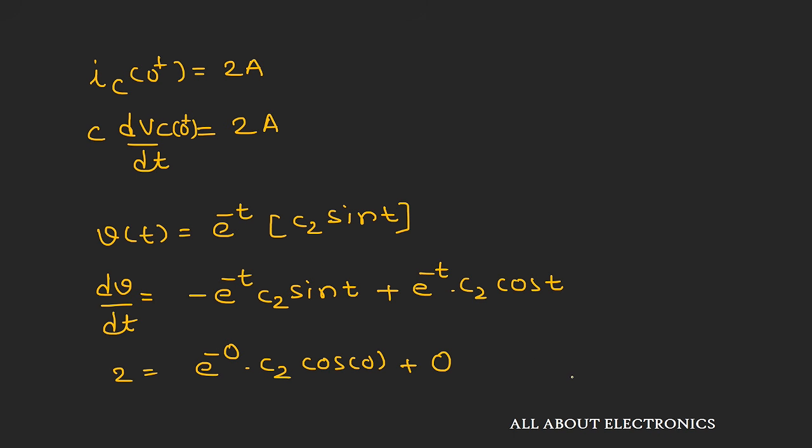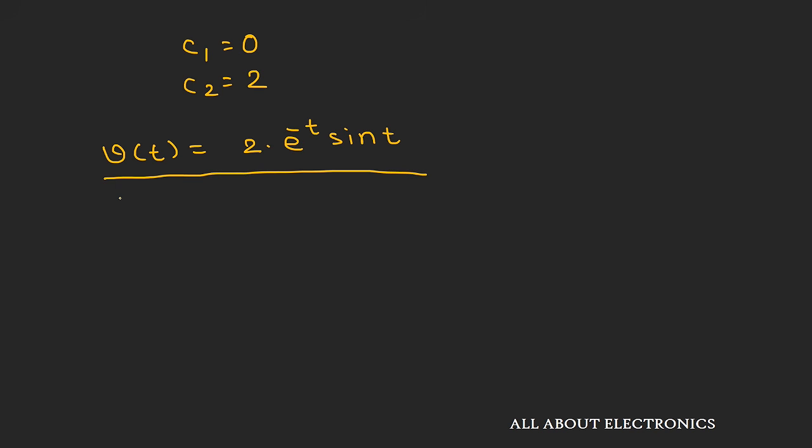That means the value of C2 is 2. So in this way, we found the value of C1 as 0 and the value of C2 as 2. So now the solution can be given as 2 into e to the power minus t into sin t. So this will be the equation for the voltage for the parallel RLC circuit.